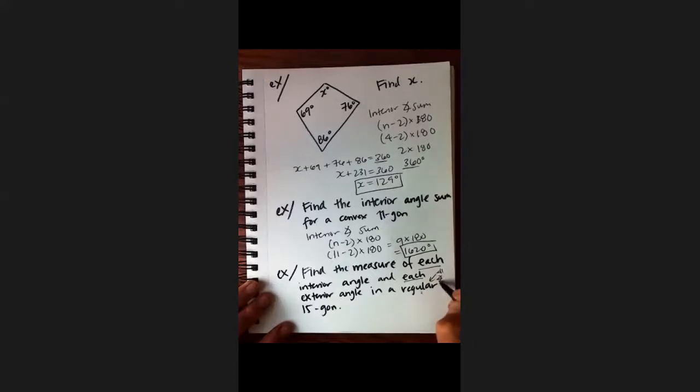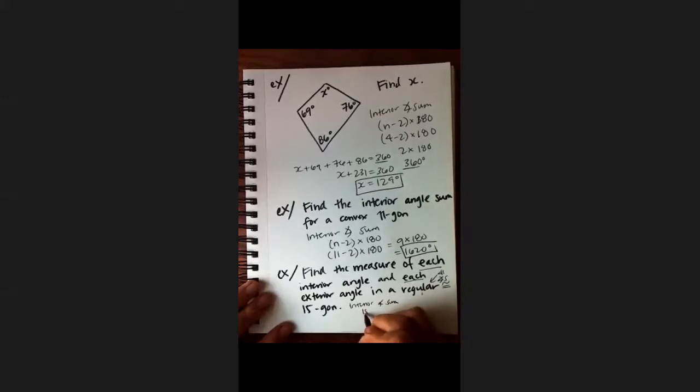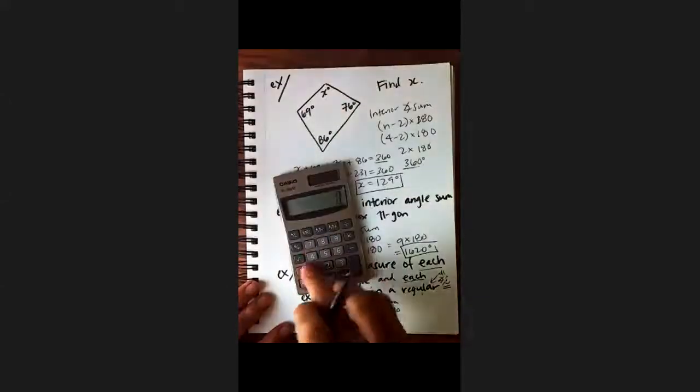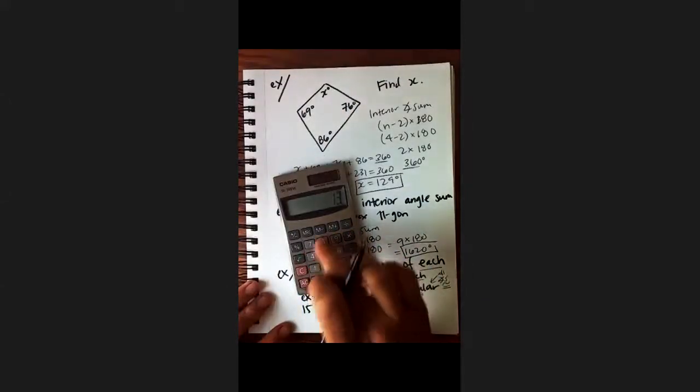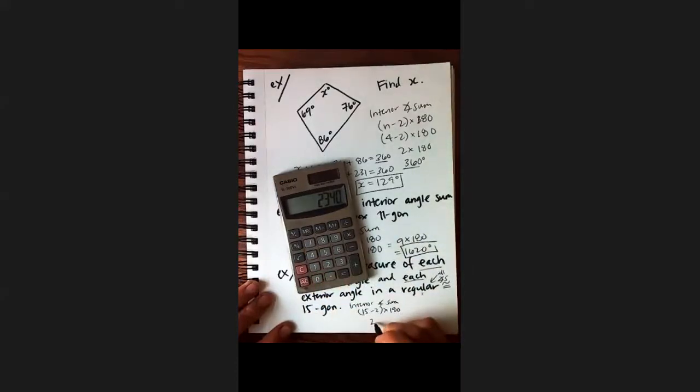First, find the angle sum for the entire 15-sided polygon. Plug 15 in for your number of sides and solve as usual. 15 minus 2 times 180, so we will be doing 13 times 180, and those interior angle sums will be equal to 2,340 degrees.